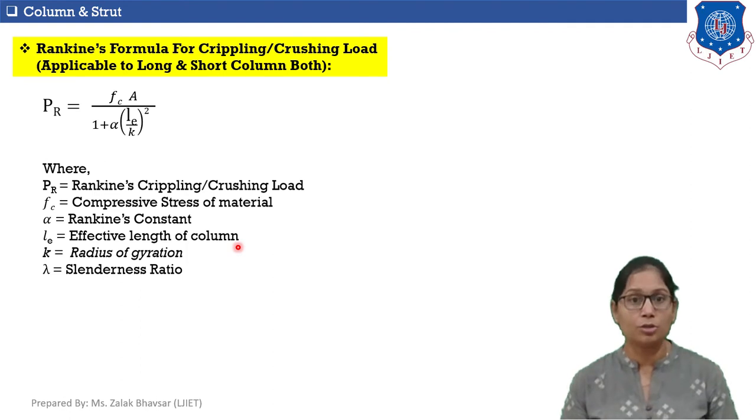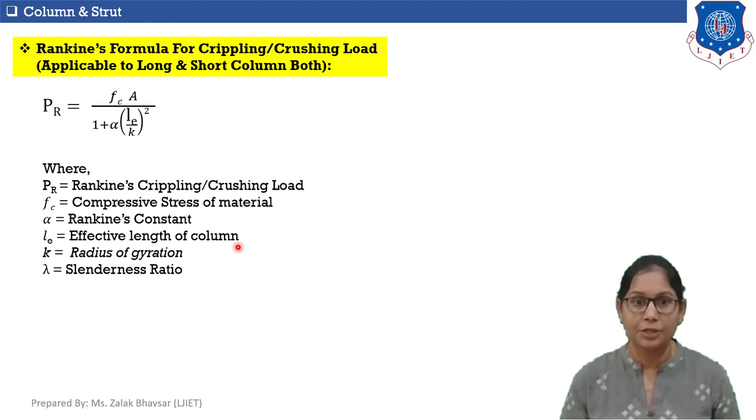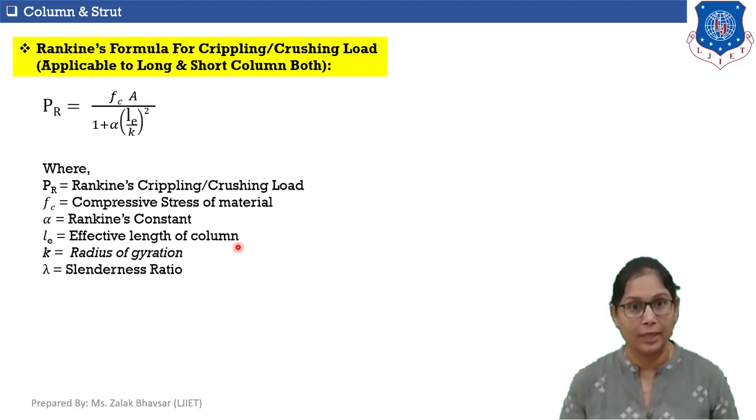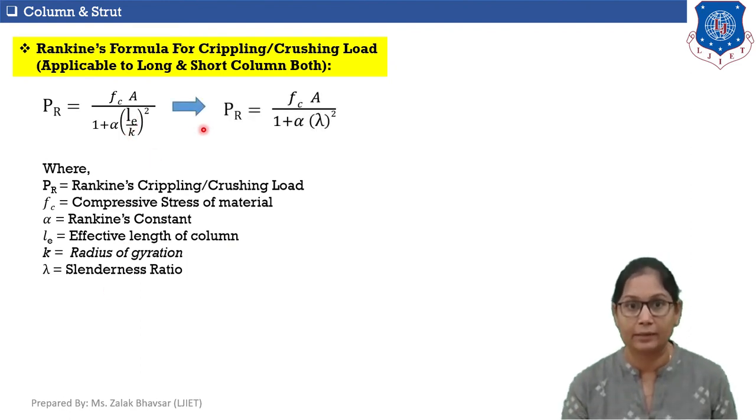We also know that LE upon K, the effective length of the column upon the radius of gyration, is the slenderness ratio lambda. So if I replace LE upon K with lambda, then I get PR is equal to FC into A upon 1 plus alpha into lambda square. So this is the Rankine formula.